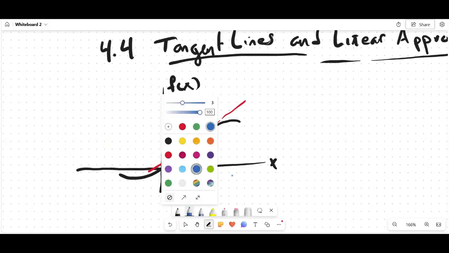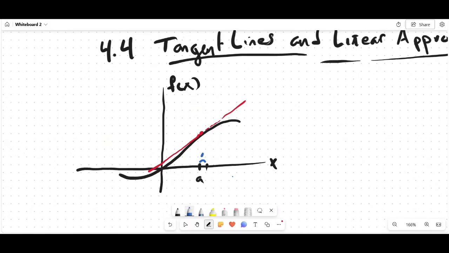So maybe you get to that point by adding a delta x, a little bit of x to some starting point A, and the tangent line to f takes some value there. And that value is not f of A plus delta x. We'll put it over here though, but it's close.